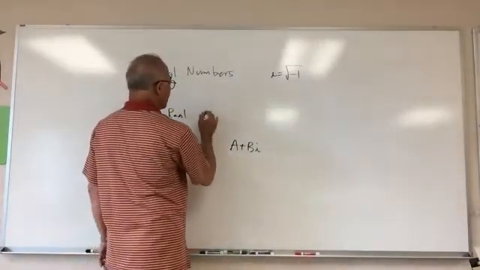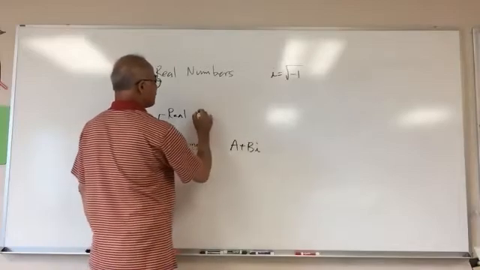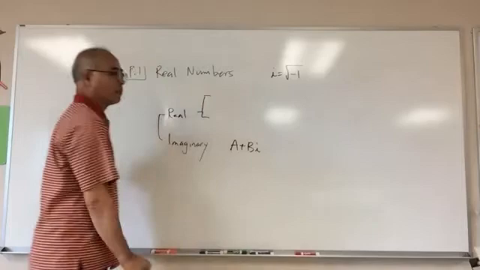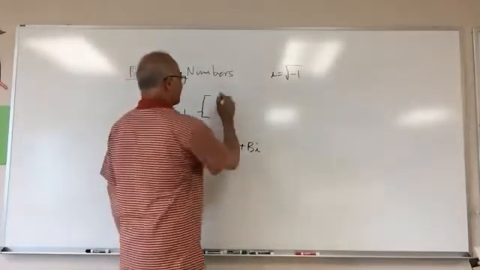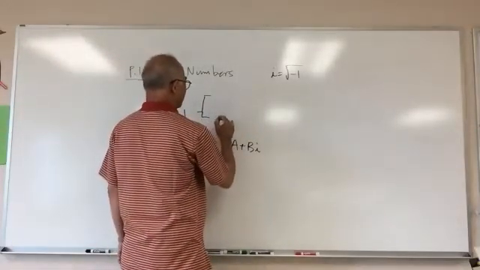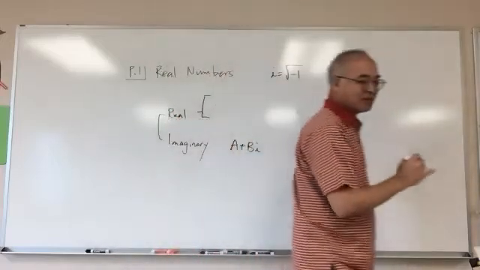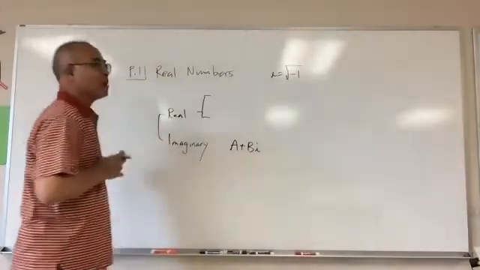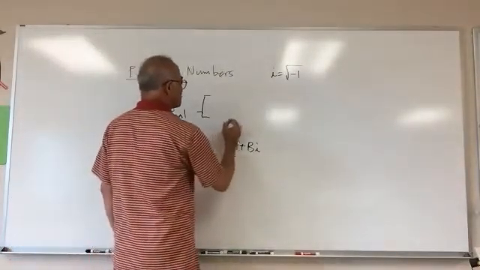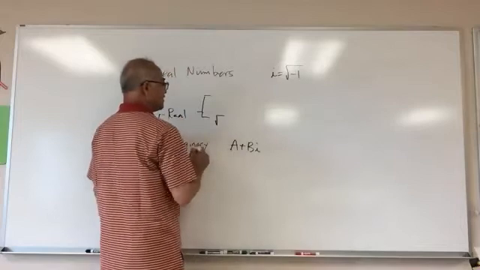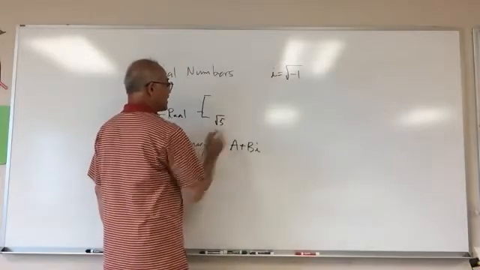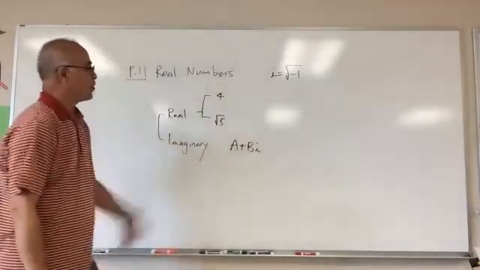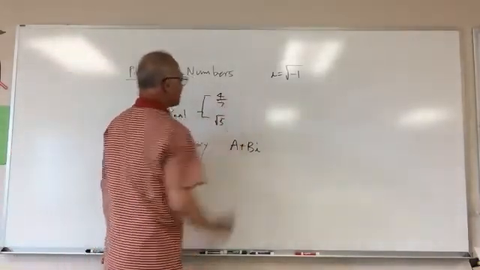Within real numbers, what do we have? Integers? Oh, you have integers, okay. We have numbers that look like this, numbers that look like this, and numbers that look like this.